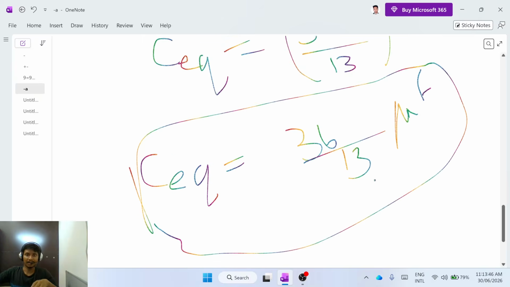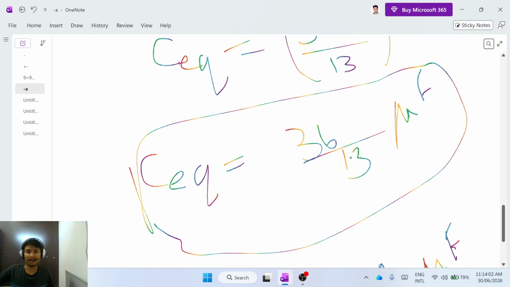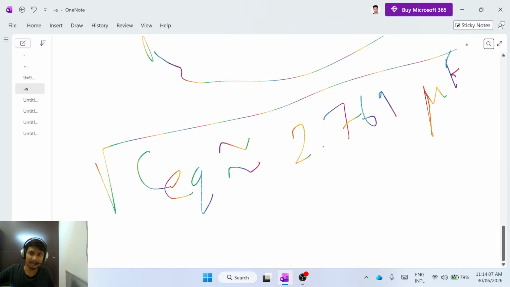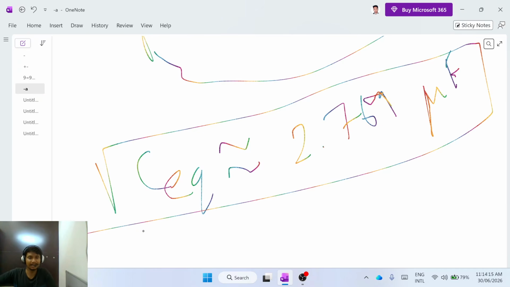If we divide 36 by 13, we get the approximate answer, 2.769 microfarad. It is a continuous decimal, therefore C equivalent is approximately equal to 2.769 microfarad.